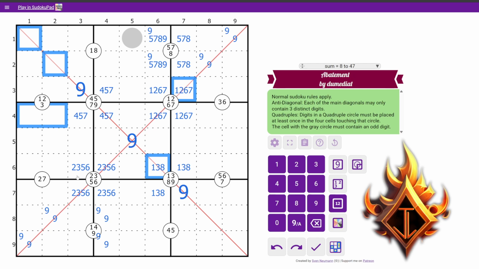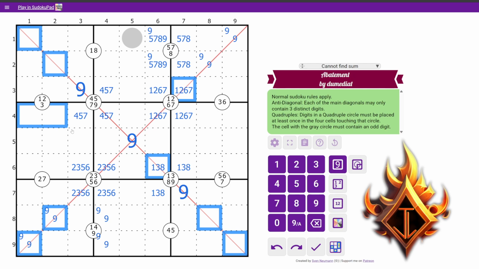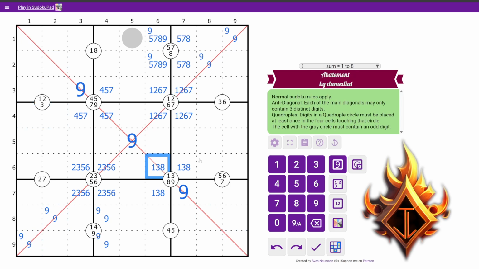So it would have to be on both diagonals. So this would be broken here because there's nothing in this column. So this cannot be a 1.